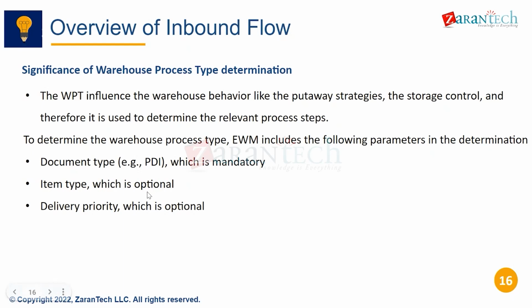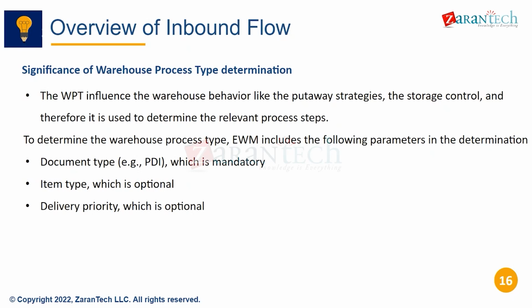These are some optional things, but if you have high priority deliveries, you will have a scenario where some of the deliveries should be created with high priorities, and for those high priority deliveries you'll have different processes to do the picking, sorry, to do the put away or do the picking in a fast manner.